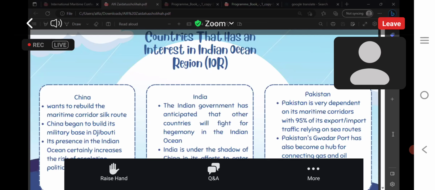As for countries that had an interest in the Indian Ocean region, many countries have direct or indirect access to the Indian Ocean, some of which are influential countries in the region and the world in general. Countries that have a strong influence in the Indian Ocean region include India, Pakistan, Indonesia, Australia, and also China.